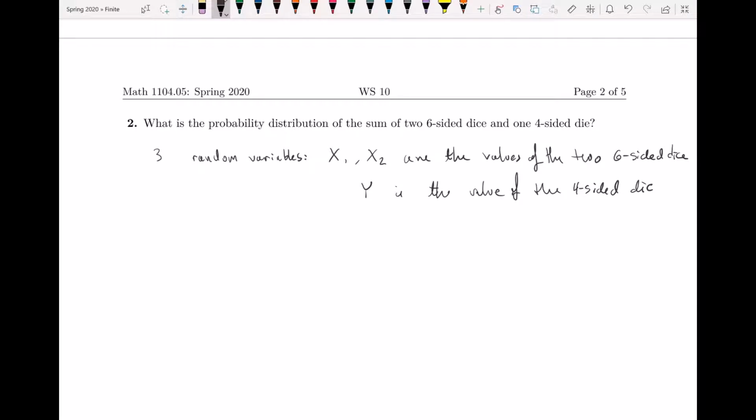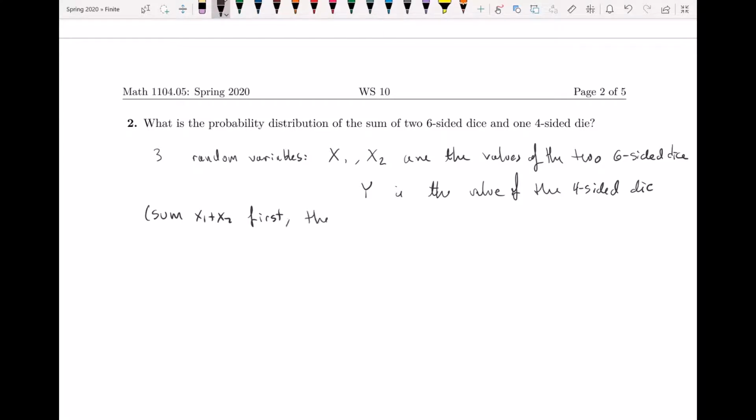Now, to make this simpler, we're going to look at the probability distribution of x1 plus x2. So we're going to sum x1 plus x2 first, and then add that result to y.